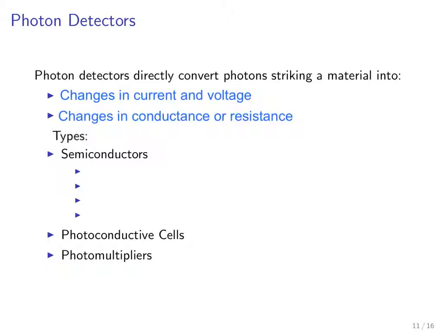And there are several types. We're going to talk only about one of them here. The first major type is semiconductors, and this is certainly going to be the most common that you're going to find. One type of semiconductor is photodiodes, and we're going to talk in more detail about that in the next slides. Then other types include PIN photodiodes, which work a bit differently.